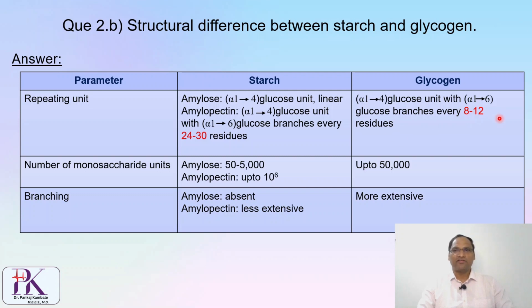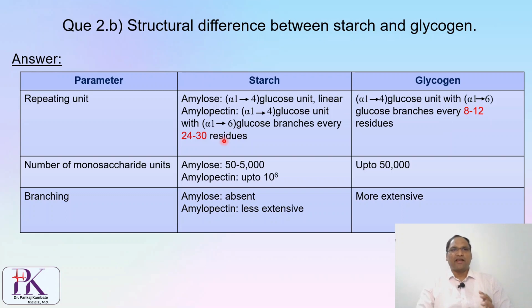So there is more extensive branching in glycogen as compared to amylopectin in starch. It is present in amylopectin at every 24 to 30 glucose residues, here only 8 to 12. That is the basic difference between starch and glycogen.